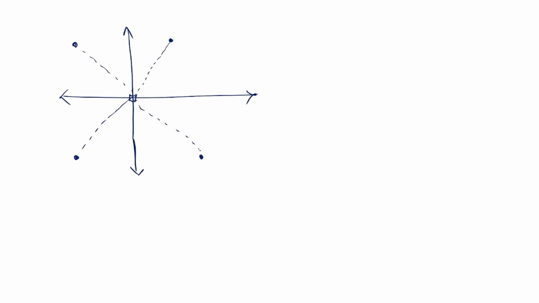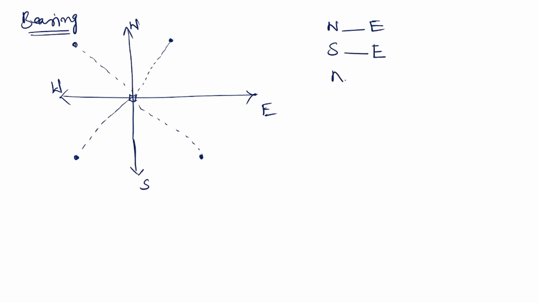This is north direction, this is south, this is east, this is west. One is north to east, another is south to east, another is north to west, another is south to west. We won't express in east to south. If there is an angle, that is fine, but we generally prefer these four types.